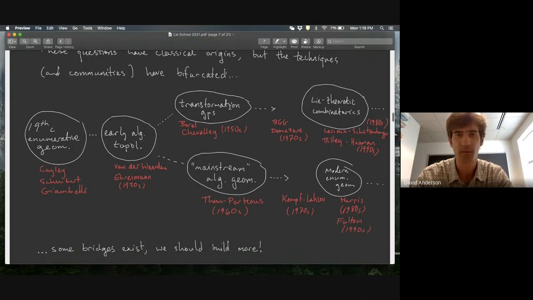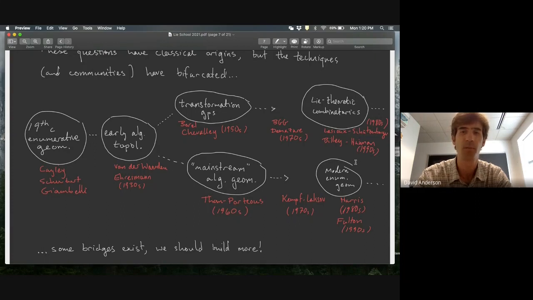kind of transformation groups and more mainstream classical algebraic geometry divide, but it's my opinion that more should be built. Especially given that there's lots and lots of Lie theoretic combinatorics out there, and lots of development in these kinds of questions about divisors on curves, and there still seem to be connections between these two.